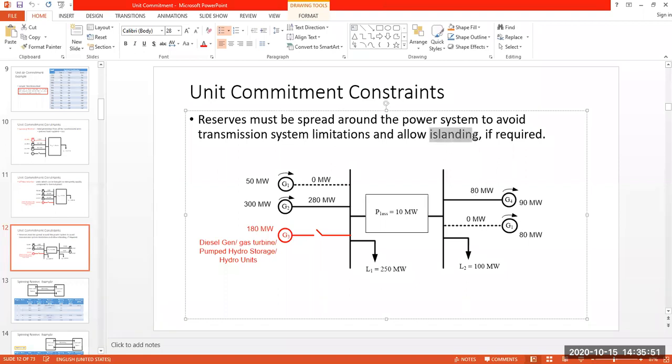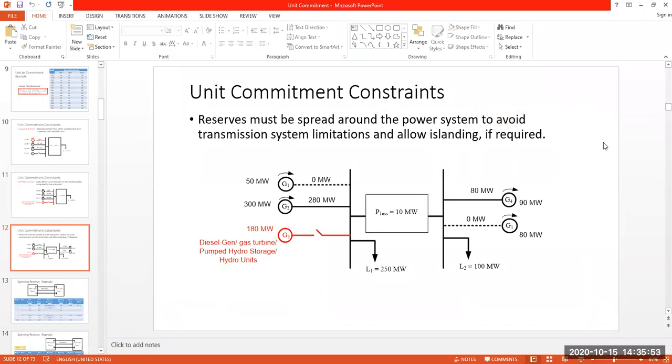I mean, the problem where we have, let's say, some fault on this interconnection between these two areas, on the left side of the transmission network and on the right side of the transmission network, where both areas have particular amounts of load, 250 megawatts and 100 megawatts respectively. So in case of some fault, if we have to trip this interconnection, then there will be islanding, okay? They will operate separately without any interconnection between them.